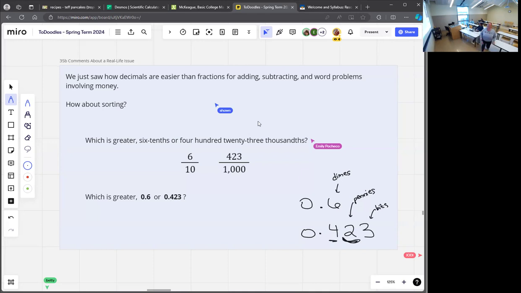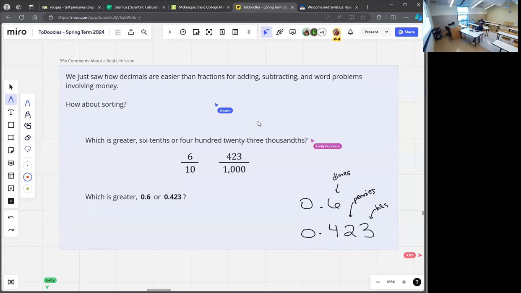That's how place value works, right? So if I have 6 dimes, that's going to be bigger than 4 dimes and some pennies, because I know I can't even have 10 pennies. So I can't even make the 4 into 50 cents. So as long as the dimes are bigger, then less than 10 pennies isn't going to catch up. Okay.